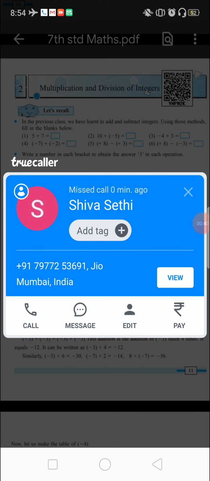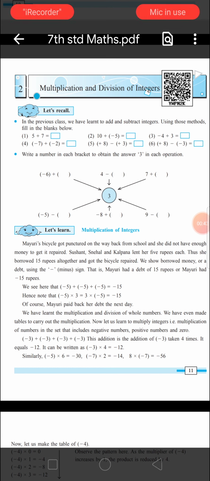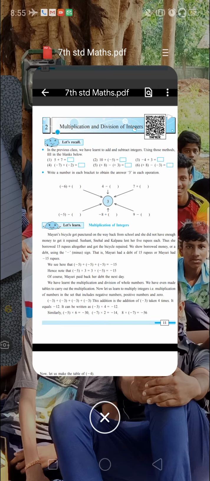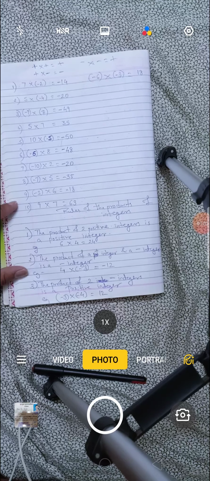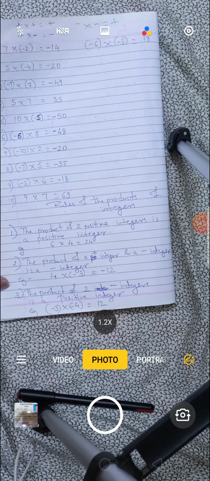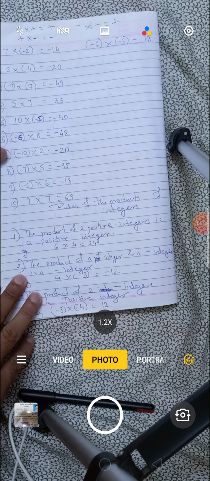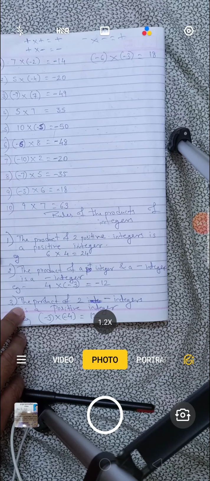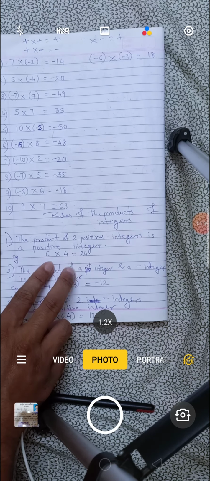Now, students, I'll show you all the rules of multiplication of integers. Rules of the products of integers.